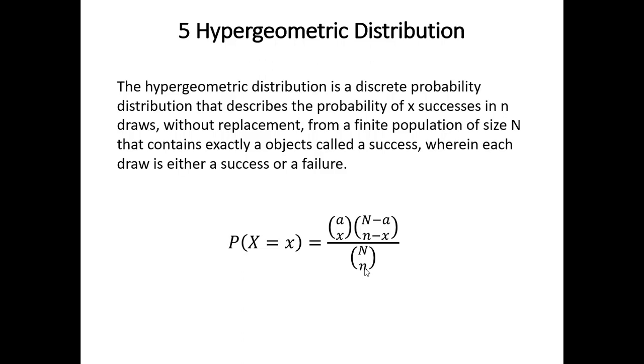So basically, we're choosing a sample of size n, and we want to know what's the probability that we get x successes when in the population there's A successful items, and then N minus A is the number of failure items.